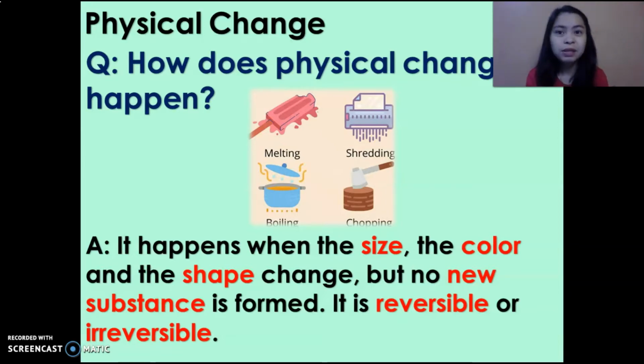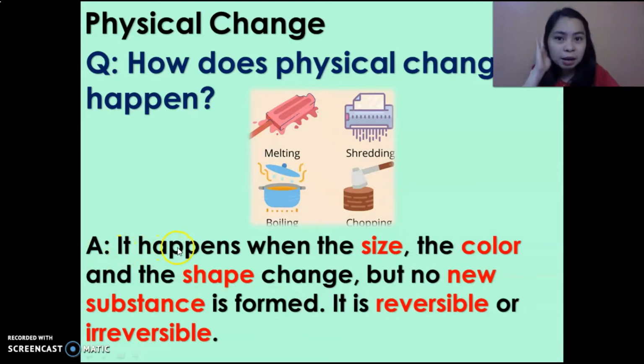The answer, it happens when the size, the color, and the shape change, but no new substance is formed. See? So, how does physical change happen? Can we read it together?